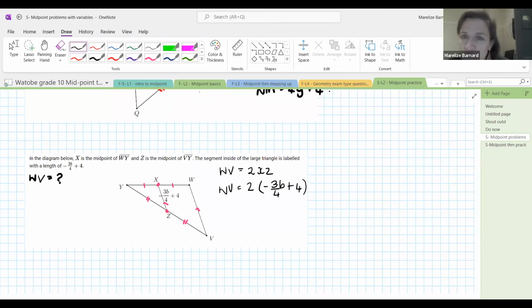And I see some of you need to practice your distribution here. So you're going to times the 2 by the minus 3b over 4 and times the 2 by the 4. And last time I checked, and if you're struggling, you can use your calculator, minus 3 over 2b plus 8. Okay, Nishan got it.